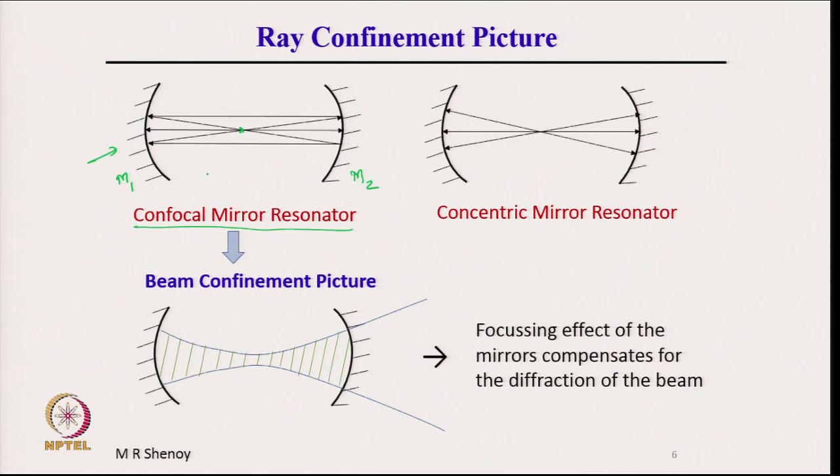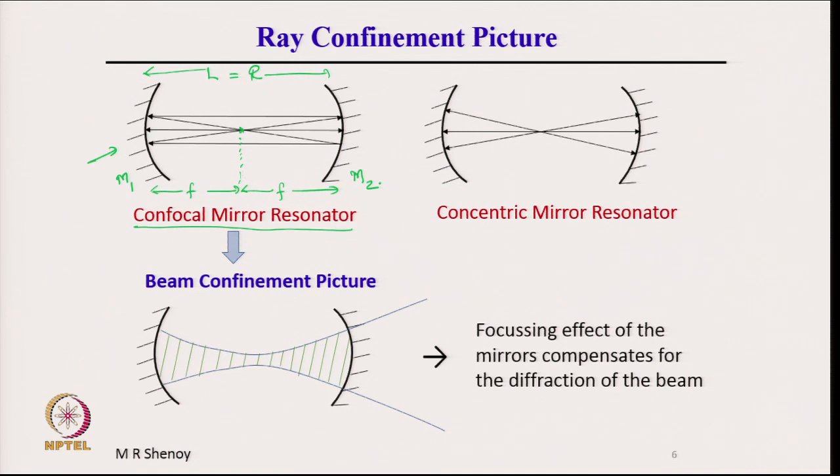Same focus point of these two mirrors, which means this distance here is f of the mirror. So, this is f of each one of these mirrors. Therefore, for spherical mirror resonators, f is equal to r by 2, where r is the radius of curvature. So, the separation here, L, is equal to the radius of curvature of the mirror.